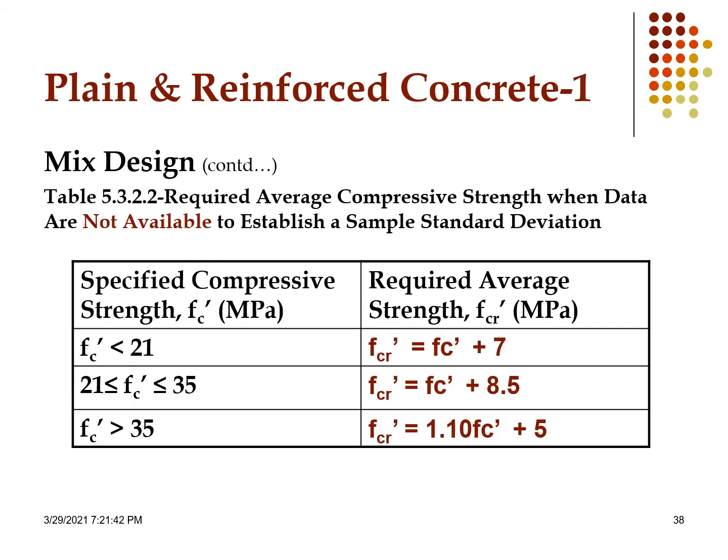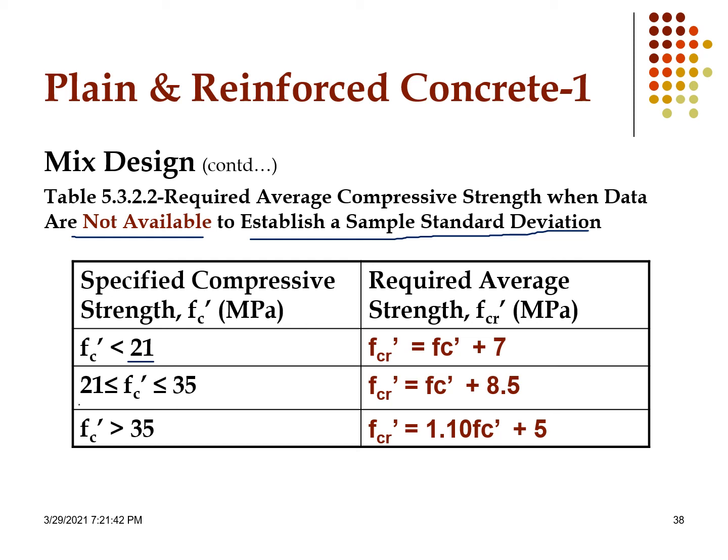Now let's say we do not have previous data to establish this sample standard deviation. If compressive strength is less than 21 megapascal, the targeted or designed compressive strength is equal to f'c plus 7 megapascal.